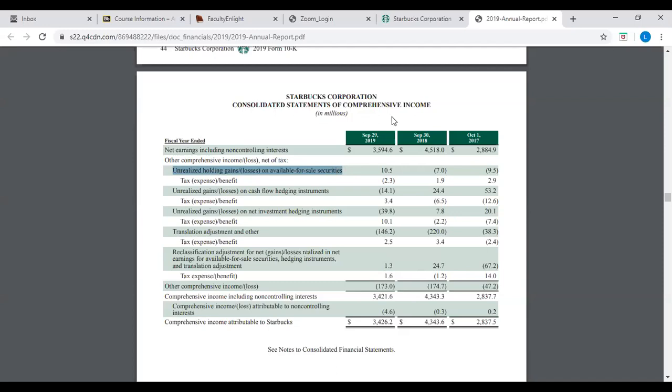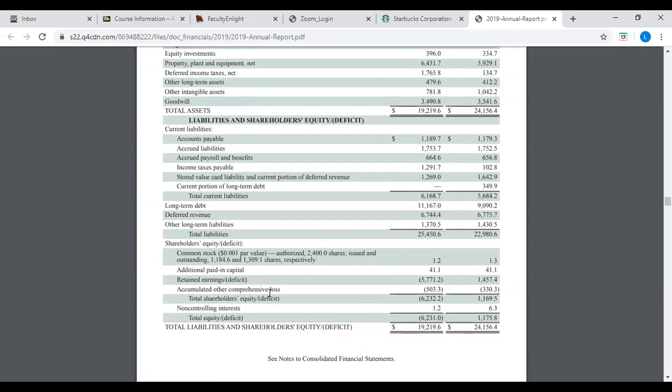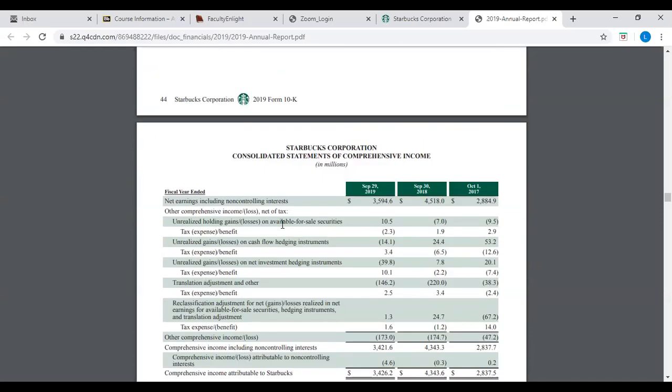They're reported on the other comprehensive income statement, and then they fly down as other comprehensive income or loss to the balance sheet. So that's the unrealized gain or loss on the debt securities in the available for sale category.